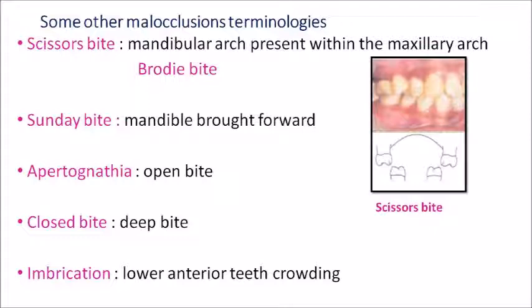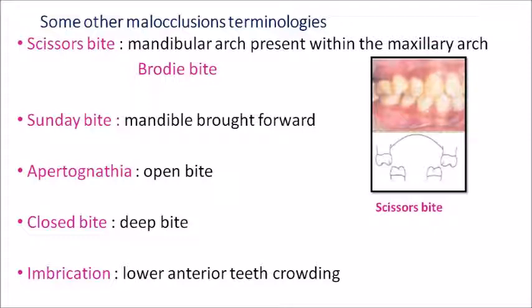Now, apertognathia is another term for open bite, and deep bite is also called closed bite. So when you are given a term like closed bite, it is just another term for deep bite. And imbrication is a term referring to lower anterior crowding.